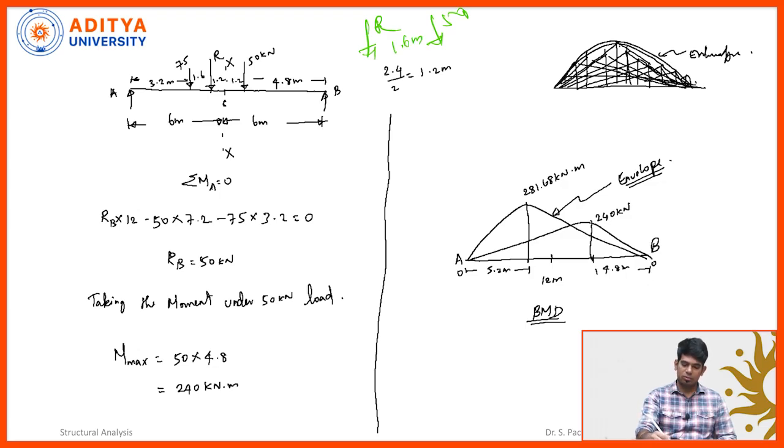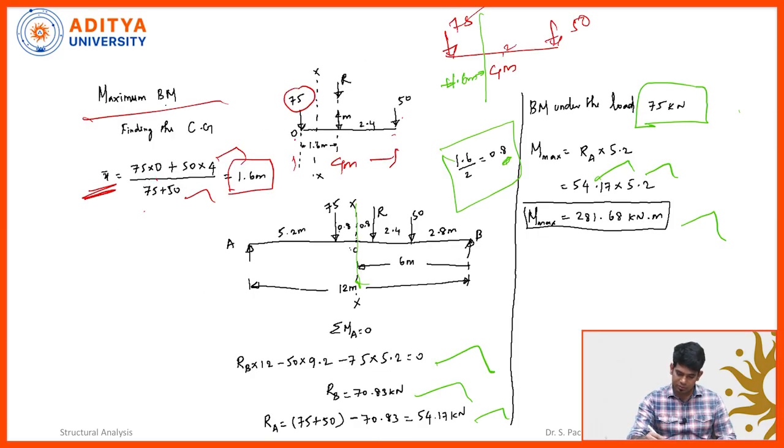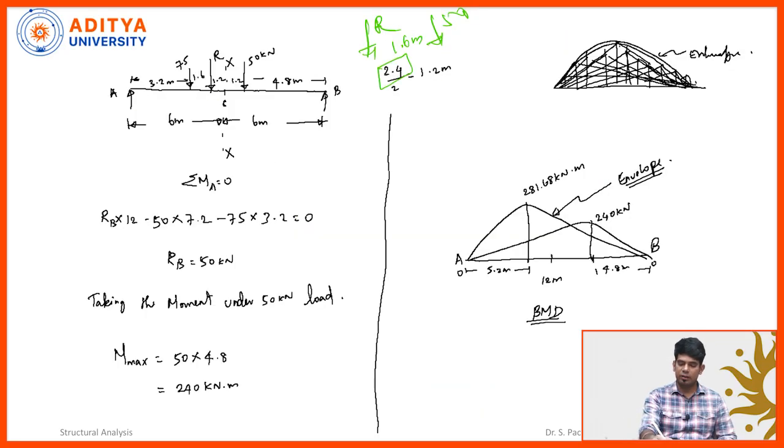So what do I have to do? I have to put, so 1.6 meters, how much is it? So this is 1.6 meters. From the resultant to the remaining distance, that is 2.4 meters divided by 2. Clearly, I will write here. We have calculated for this load, this is 75 and this is 50.